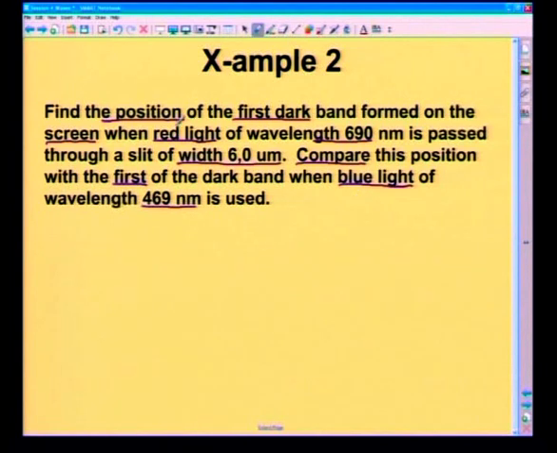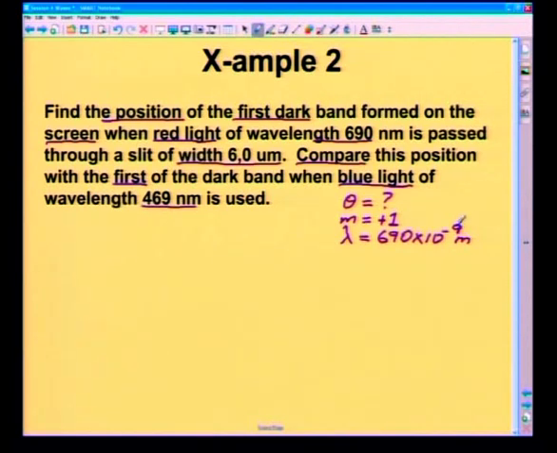We have to find the position, and the position is the angle theta. So we don't know theta. We know m, it's the first dark band, so it's plus 1. We also know the wavelength of red light is 690 nanometers, so it's 690 by 10 to the power minus 9 meters.